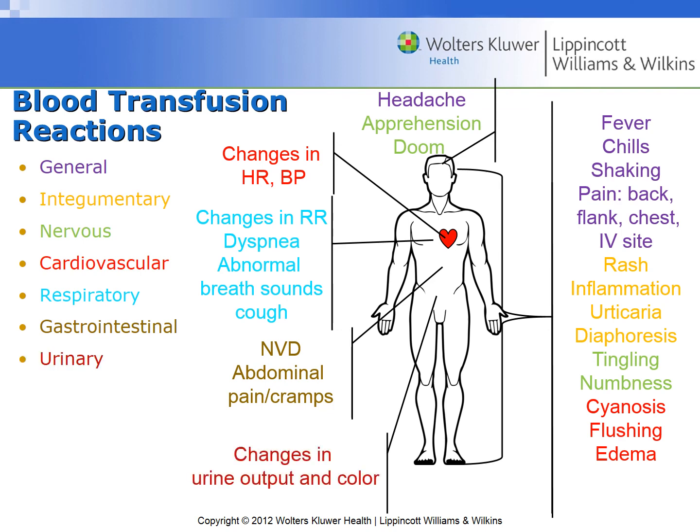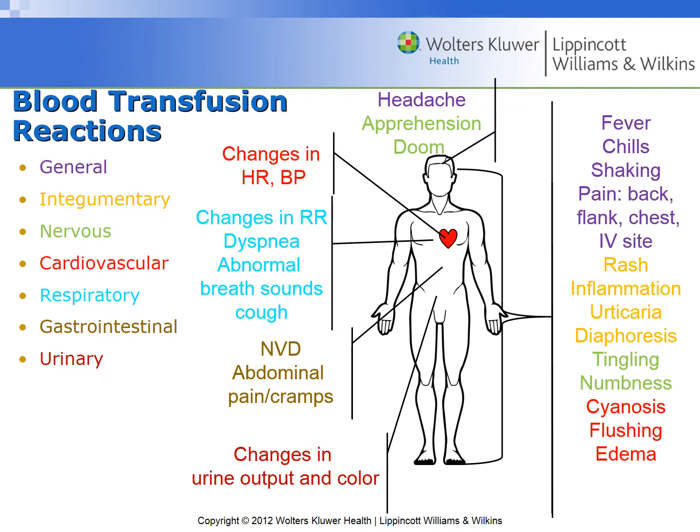Urinary: changes in urine output and color. It's likely to turn red, then brown, and then slow way down. As you can see from this cluster of symptoms, this is not any way we want our patients to go.